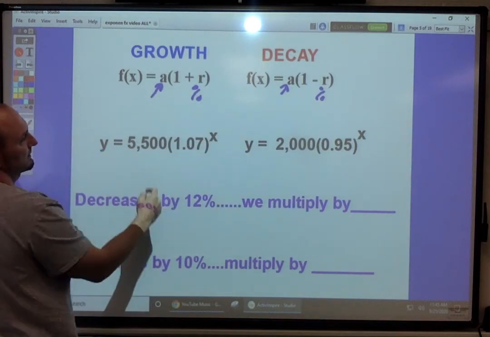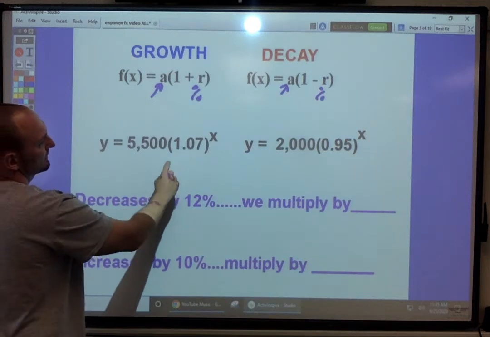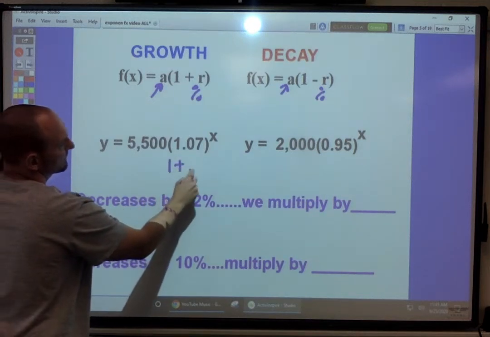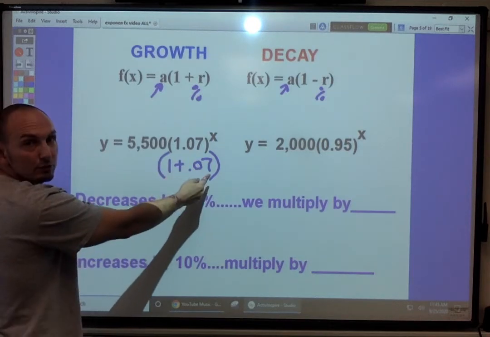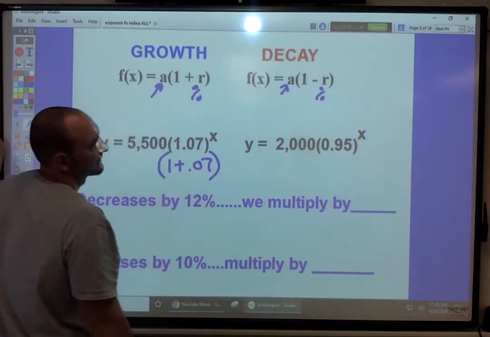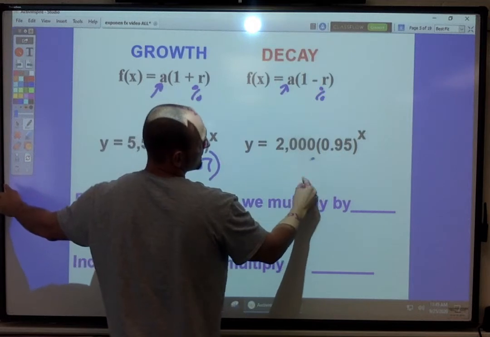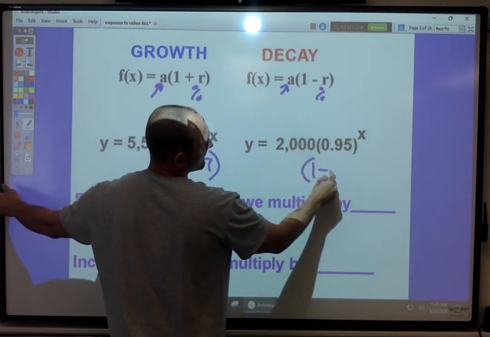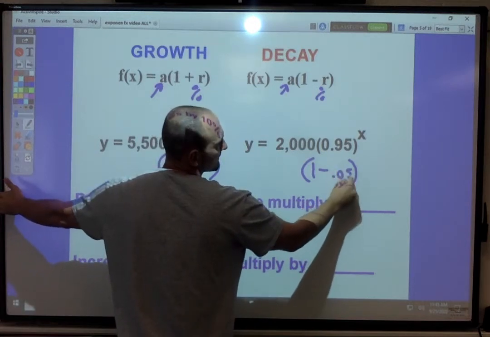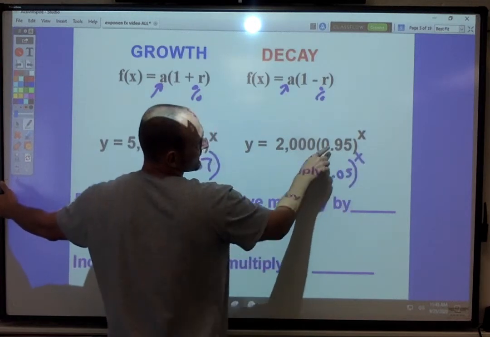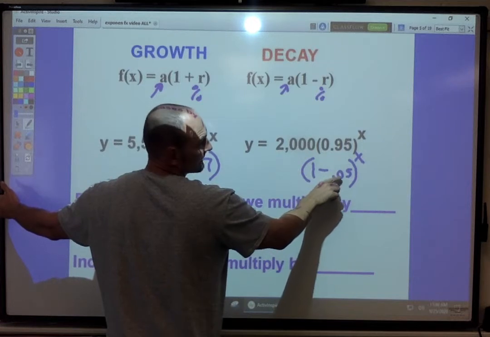So this number would be like 1 plus 0.07, which really means we're gaining an extra 7%. This comes from 1 minus something, which is 0.05. So this looks like we're losing 5%.